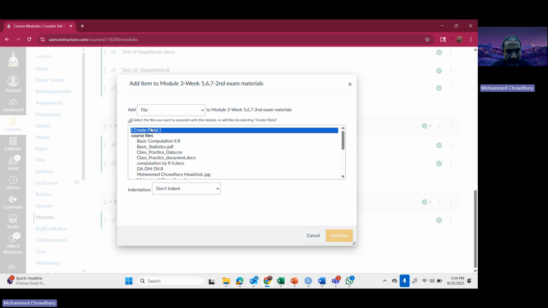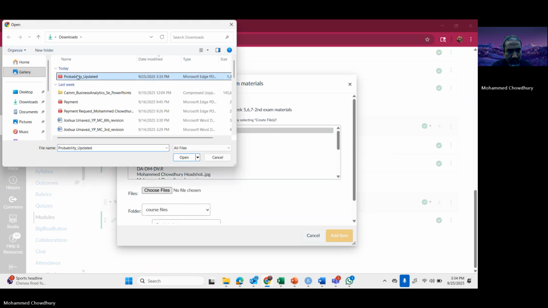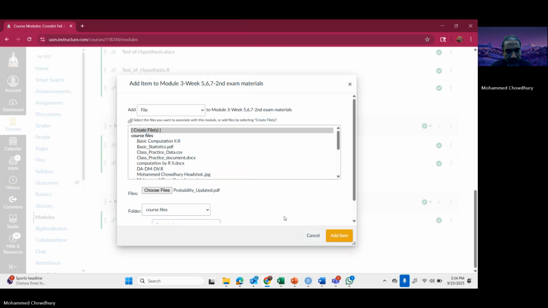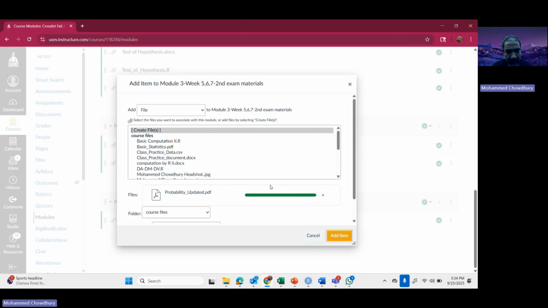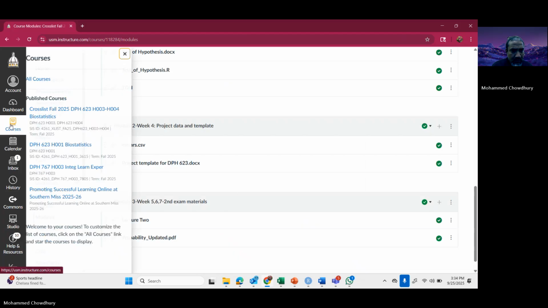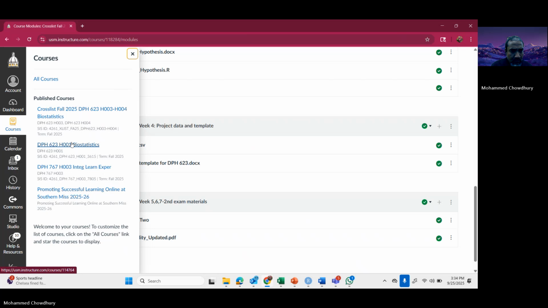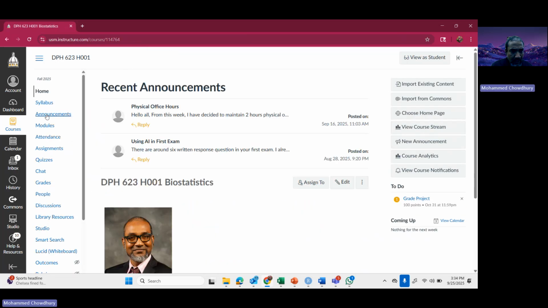File, create file, choose file, edit, add them, replace. Okay, this is done. And then I have in here modules.